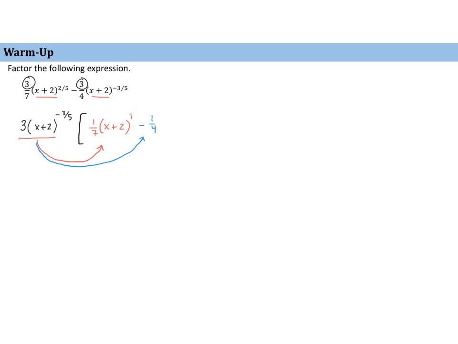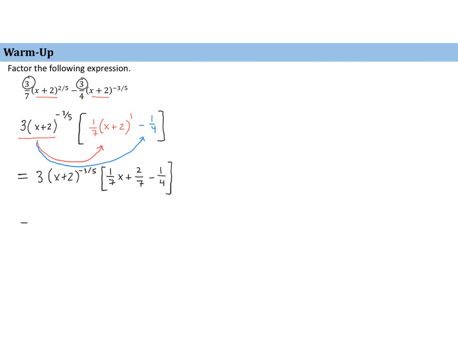And I've already factored out the x plus 2 to the negative 3/5. So that's all it would take. So this would become 3 times x plus 2 to the negative 3/5 times 1/7 x plus 2/7 minus 1/4.